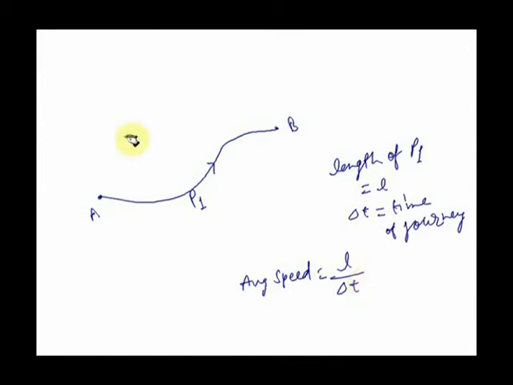Now what will be the average velocity in this case? So average velocity is defined as displacement between A and B by total time of journey.